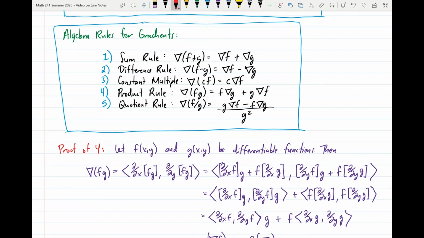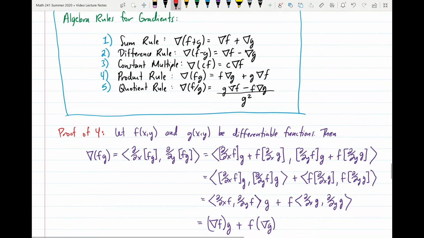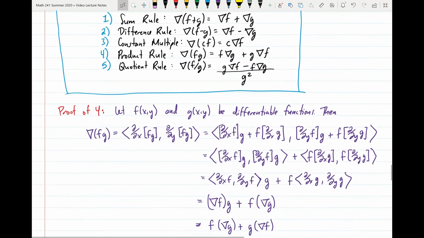And then finally, we have the quotient rule. So the gradient of f divided by g is equal to g times the gradient of f minus f times the gradient of g, all divided by g squared. So again, all of these rules should look very familiar because they just mimic the differentiation rules, and so you should be able to remember them pretty easily.